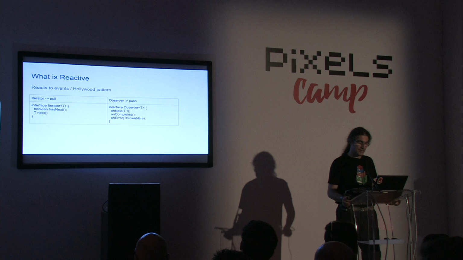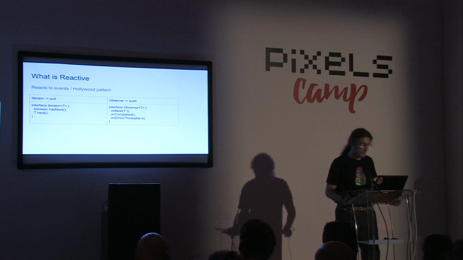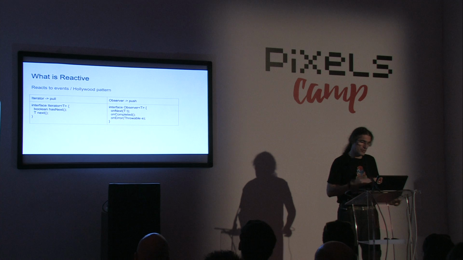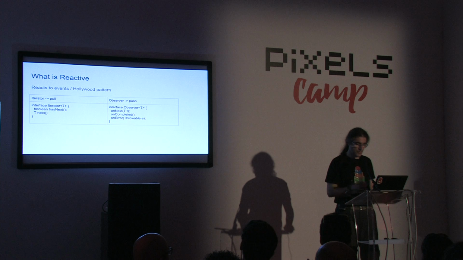And it makes it explicit that if some error happens during the process, it calls an onError method on your observer. Whereas in the iterator, you maybe get a runtime exception, or if you forget to call the next, maybe you get a null. It depends on the implementation. This one is made explicit.